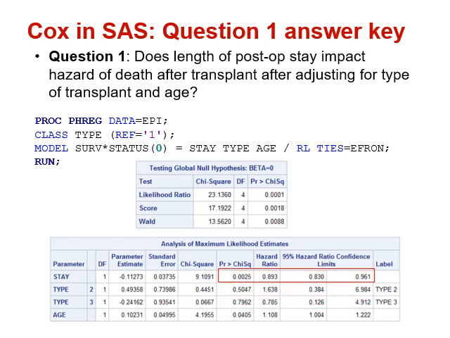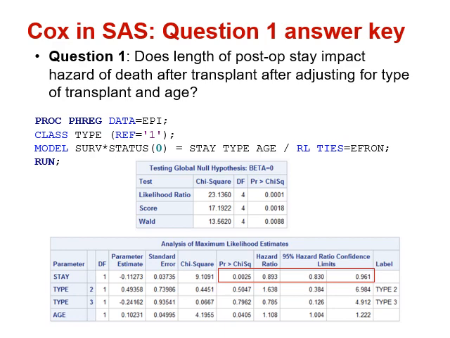In the output, you can see that hazard ratio for stay is 0.893 with a confidence limit of 0.830 to 0.961. This hazard ratio can be interpreted as the hazard of dying for those who stay 1 day longer post-operatively is 0.893 times lower compared to those who stay shorter, adjusting for type of transplant and age.